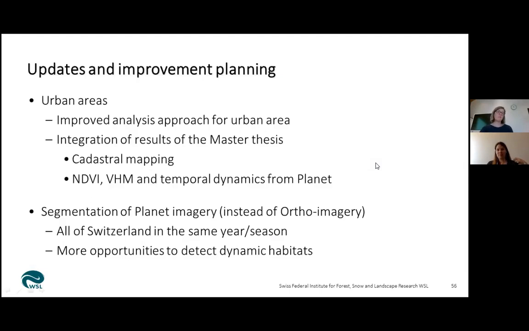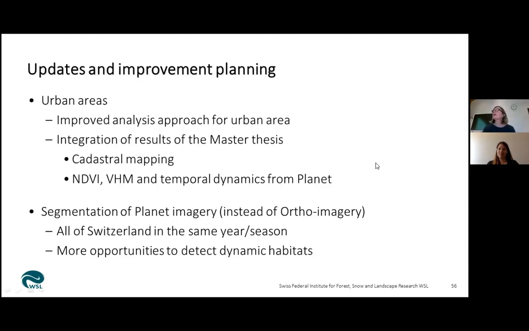Aside from some general improvement planning, for urban areas, as Nitka mentioned, the green areas are not modelled very well for a specific habitat type due to the high resolution there and the intensive modification by humans.